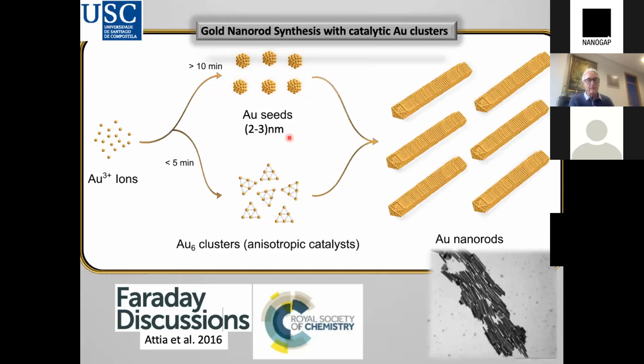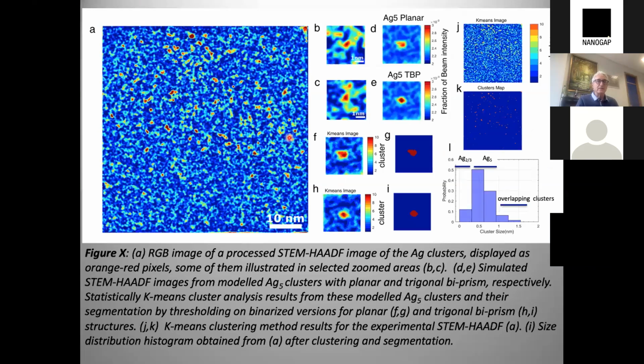And we can use this idea to produce the clusters, and you can see the clusters. Seeing is believing, and you can make some particular microscopy images, because you have to use very soft electrons in order not to fuse the clusters when they are deposited.